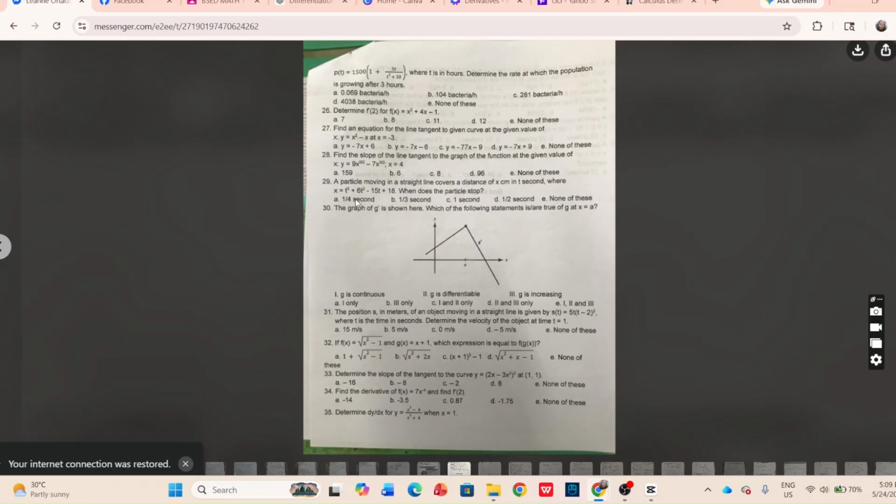Number 29. A particle moving in a straight line covers a distance of x centimeters in t seconds, where x equals t cubed plus 6t squared minus 15t plus 18. When does the particle stop? So for number 29, all we just need to do is get the derivative of it.